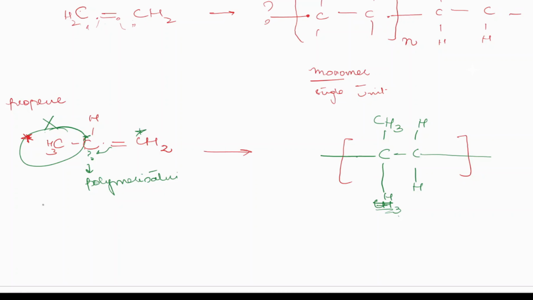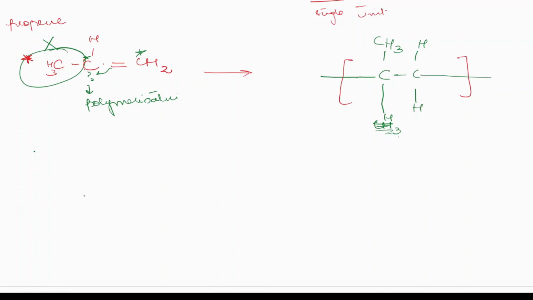So keep in mind, while making a polymer, the carbons that have the double bond would definitely be part of the polymer. If it's, let's say, CH3, CH3, C double bond CH2, how would a polymer look like? There would be a change in this one and this one.